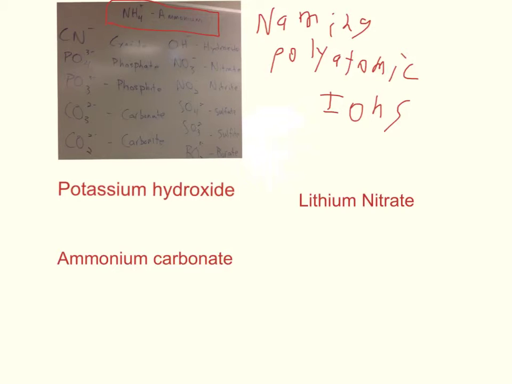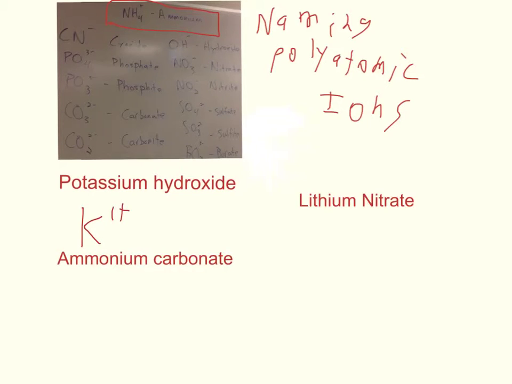So we're going to start this off with potassium hydroxide. Potassium is K, and K is 1 plus. And then we have hydroxide, which is up here. It's OH 1 minus.